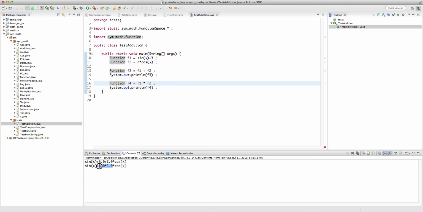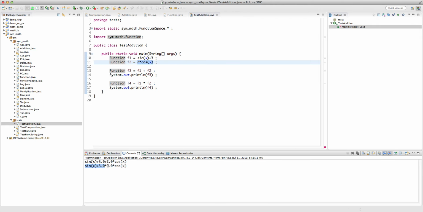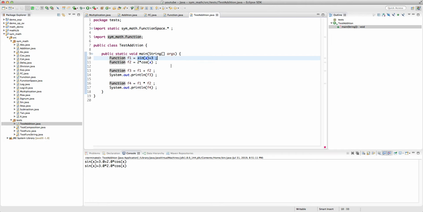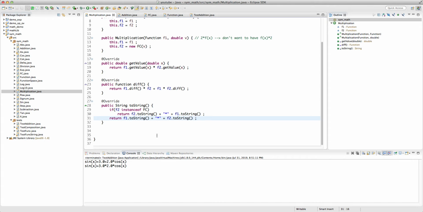As you can probably see here, it doesn't take care of simplification. And the other thing is that this representation is wrong because there should be parentheses between sine plus 3 and 2 cosine. So we can go back to our multiplication and maybe just add the parentheses.